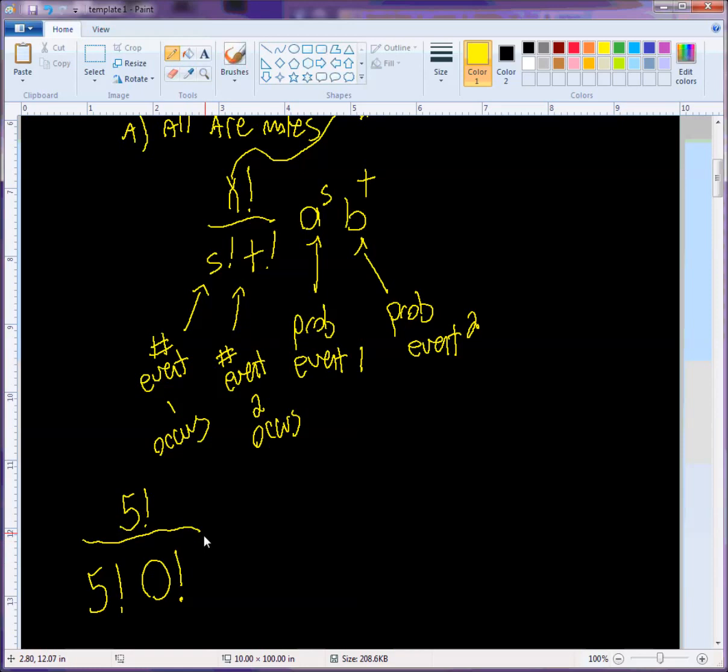So 0 factorial. We're gonna multiply. We're gonna assume the probability of having a boy is 1/2, and the probability of having a girl is 1/2. So let's say A is for boy, so 1/2 raised to the 5th versus 1/2 raised to 0. And now we just need to solve this equation.